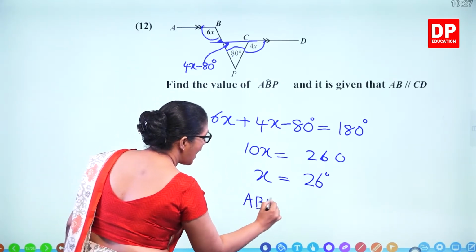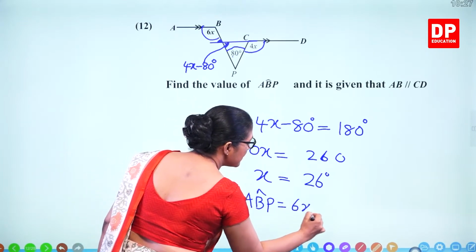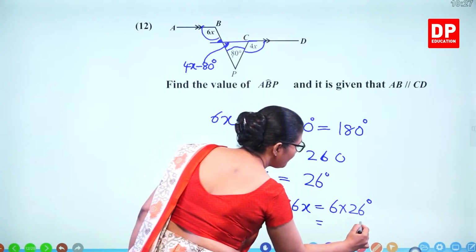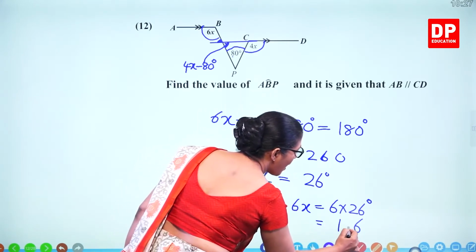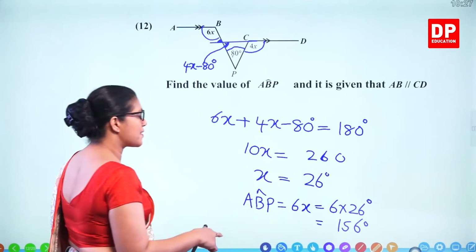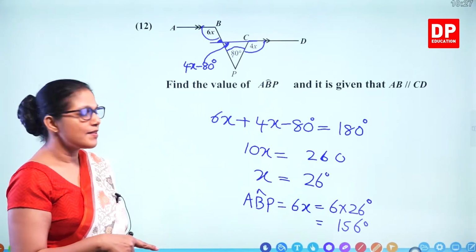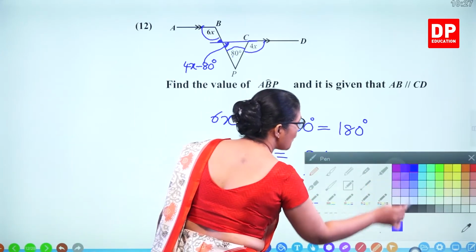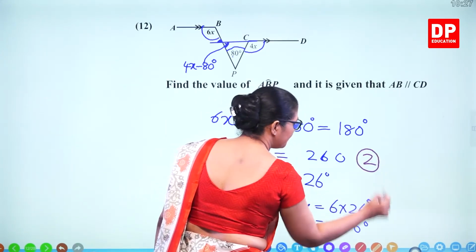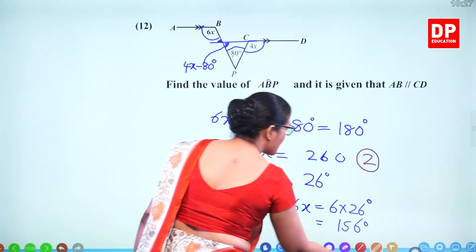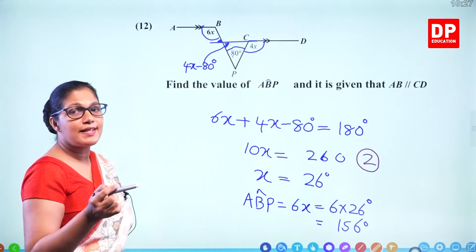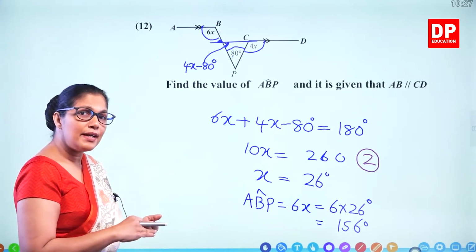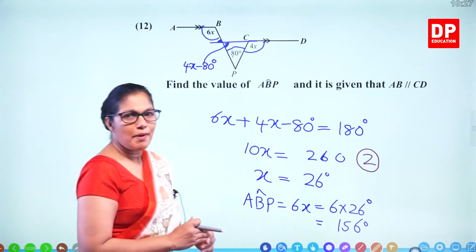Angle ABP is 6x. 6 times 26, 156. 6 times 6, 36. 6 times 2, 12, plus 3, 15. 156 is the answer. So 2 marks for that. No need to write the reason here because you are getting only 2 marks. They are looking at the method and the accuracy mark.